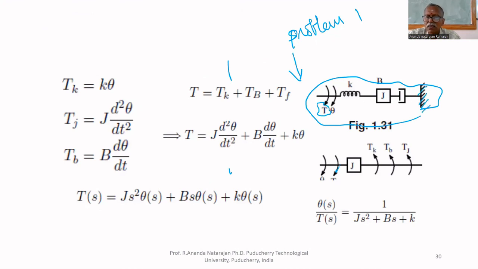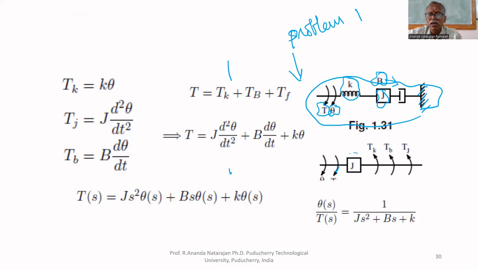The displacement at the other end is theta. The spring constant is K, the dashpot constant is B, and the moment of inertia is J. We can now write the mathematical model.